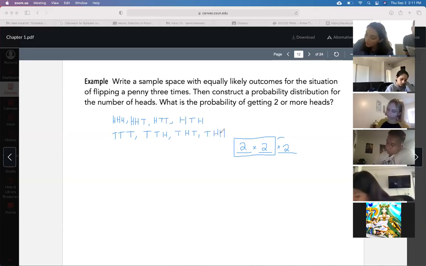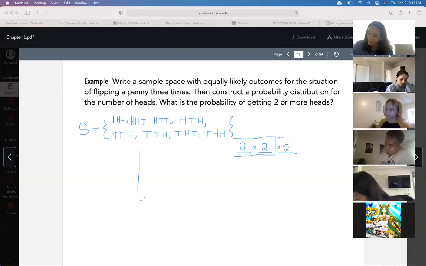So this is my equally likely sample space. I'll put it in braces because it's a collection of objects, and we usually denote a sample space S. It's the collection of those 8 elements. And now we want a probability distribution.